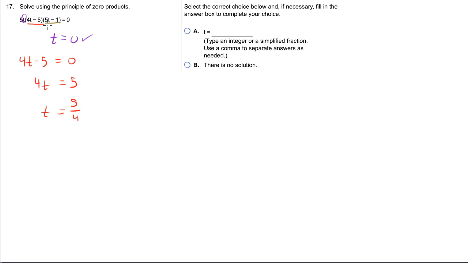Then we're going to take the last one, 5t minus 1, set it equal to 0. Find that 5t must be 1, or that t must be 1/5. So we end up with t equaling 0, 1/5, or 5 over 4.